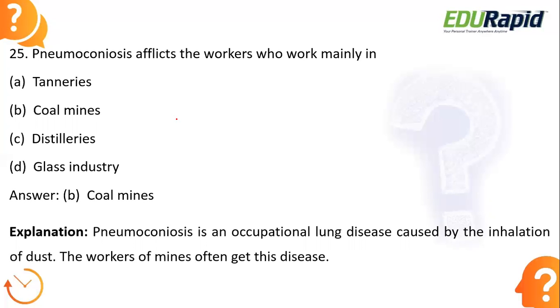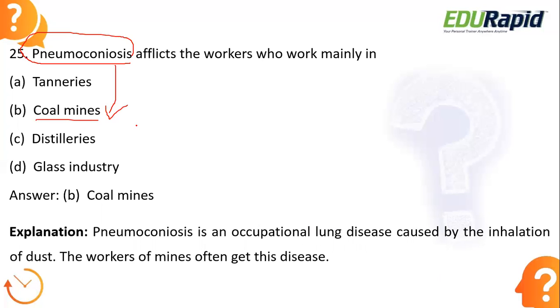Specifically, it is an occupational disease. When a person suffers from pneumoconiosis, it is because they inhale polluted air. When they are working in the coal mines, they will start inhaling the same polluted air.